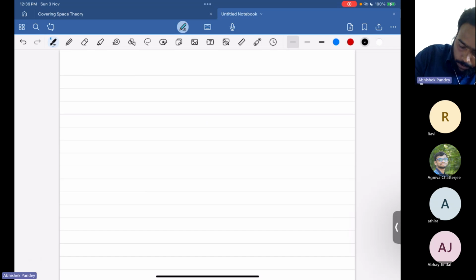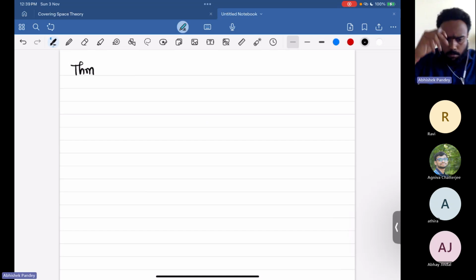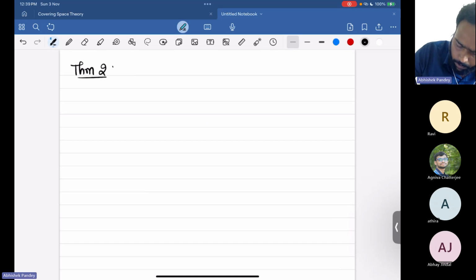The next theorem is, I will mention this theorem and I will talk about the fundamental group after this one.